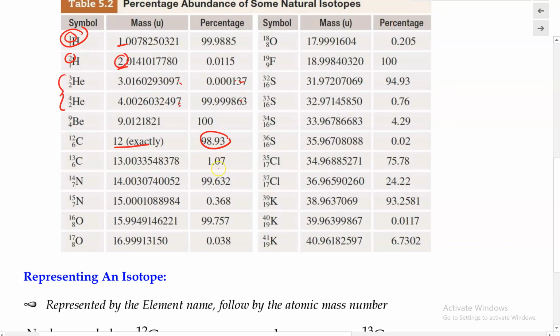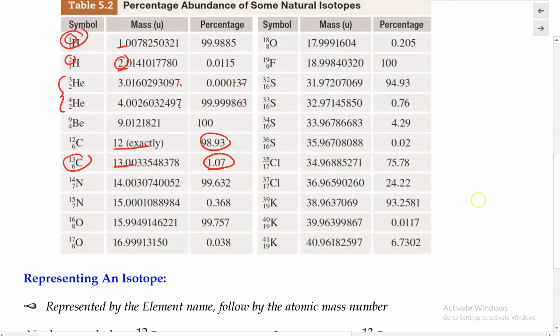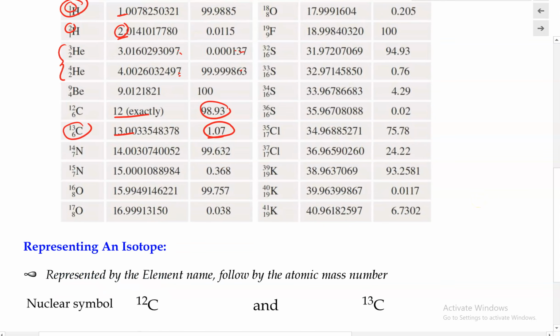There is a smaller amount, about 1%, of carbon that exists as the carbon 13 isotope with this mass. And here are examples of other elements and the different isotopes they have. Many elements actually have various isotopes, and this table is just an example of a few. Here we can see that sulfur has up to 4 different isotopes, and these are the masses and the percentages of abundance of the 4 isotopes of sulfur.